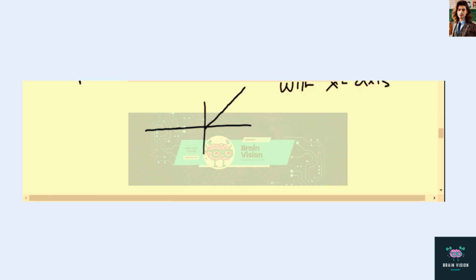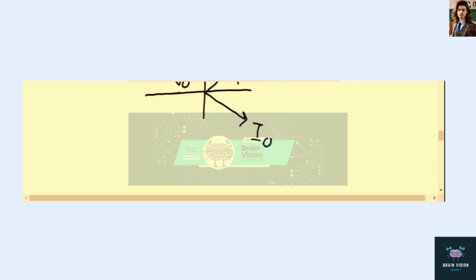This is V naught, and it is making an angle phi that we just wrote, that is equal to 2 pi f t, and over here we have our instantaneous current, and this is what this phasor representation looks like.